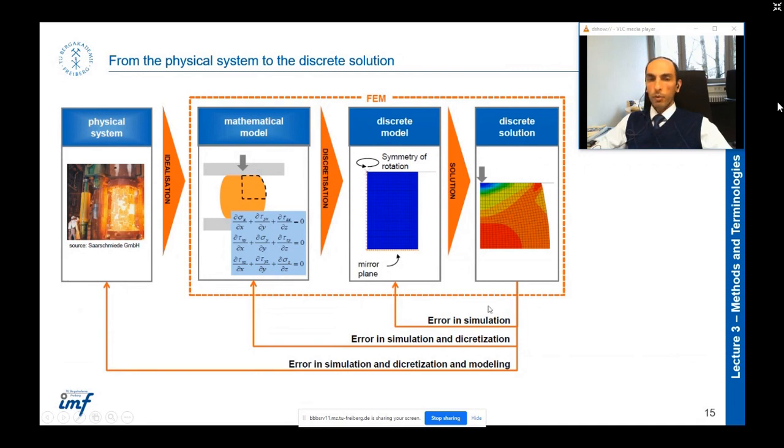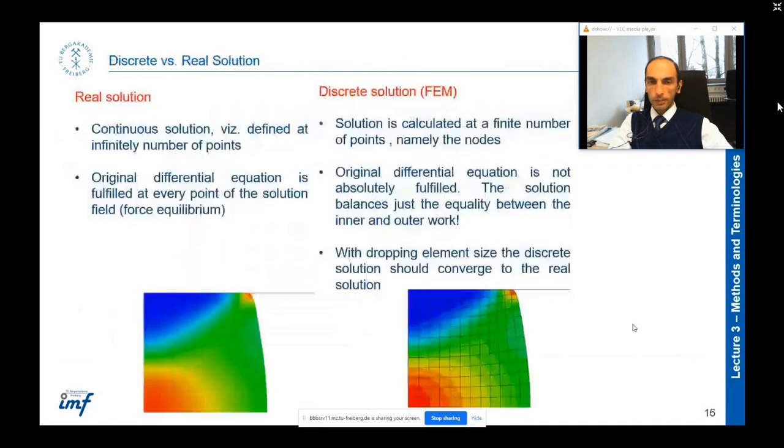So in our process we have errors in modeling, discretization, and simulation. But still, it's not too big compared to the analytical approach, because the analytical approach is far from reality. Usually we cannot make it even near or similar to the reality.